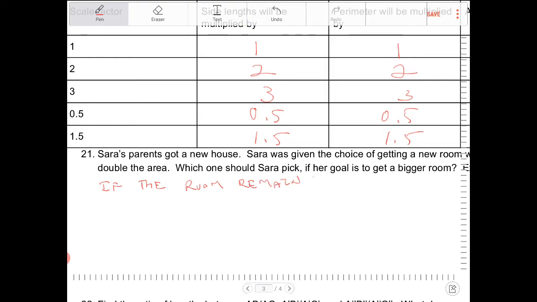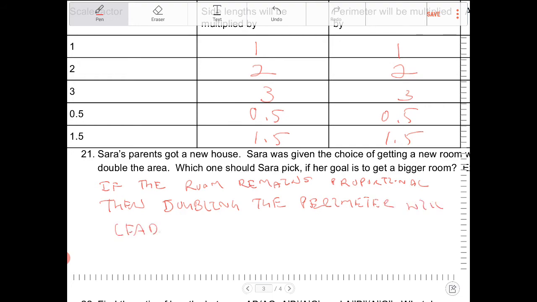So if the room remains proportional, then doubling the perimeter will lead to 4 times the area.